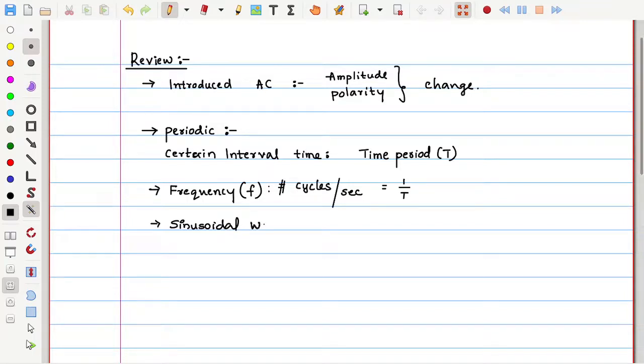How these sinusoidal waveforms are generated, I had shown you. If there is any relative velocity between the conductor and the magnetic field, so we need two things, one is the conductor, the other is the magnetic field.